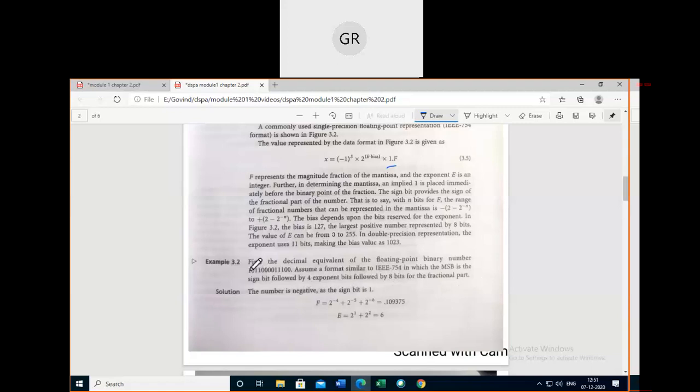This one bit is for the sign bit, then these 4 bits are reserved for the exponent, and here the dot will come. Then the significand.